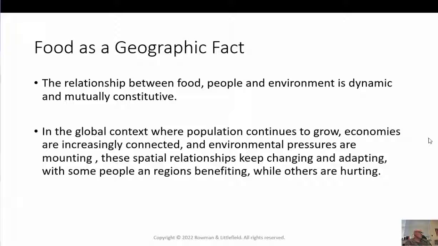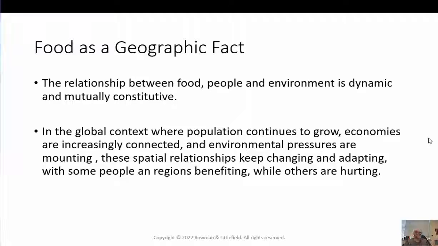And so when we talk about food as a geographic fact, there is a relationship between food, people, and the environment that is dynamic and mutually constitutive. In the global context, population continues to grow, economies are increasingly connected, and there are increasing environmental pressures to keep these spatial relationships so that all regions benefit.